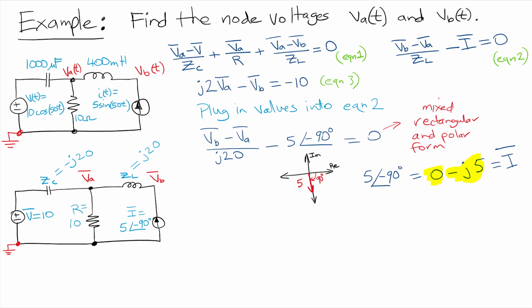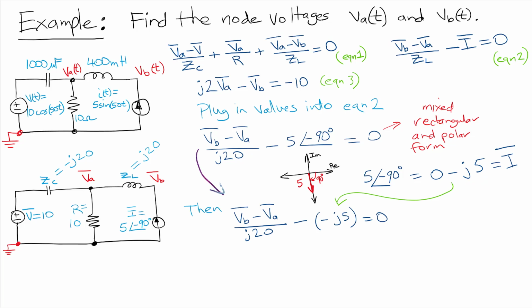So that's what that point represents right here. 0 minus J5, and that is I. Then we're going to plug that result into that equation. So we're working with that equation, and we've put in this minus J5 into there. We don't have to write the 0, it's just 0. And note that this negative sign has dropped down, okay?